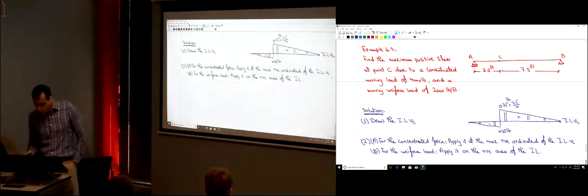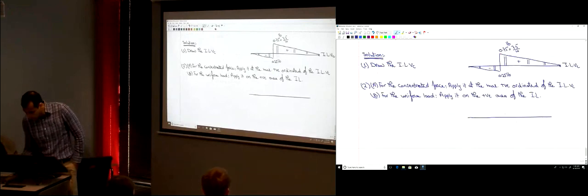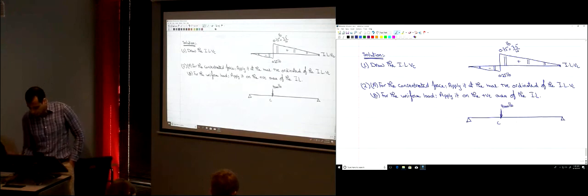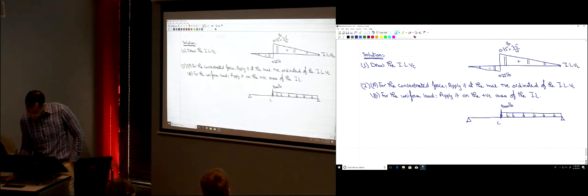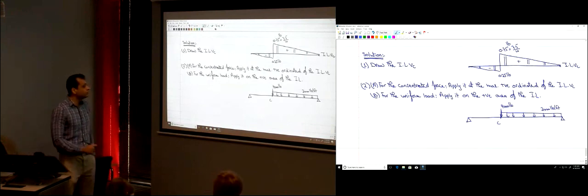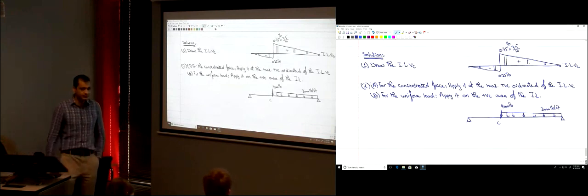Now I know where the loads are that would give me the maximum positive shear at point C. This is point C. Here you have the 4,000 pounds, the location of the point load that maximizes the shear. And the uniform load is just going to be applied over here, 2,000 pounds per foot. That's the loading that will give you the maximum positive shear at point C.